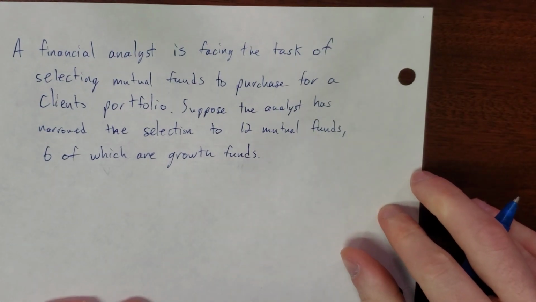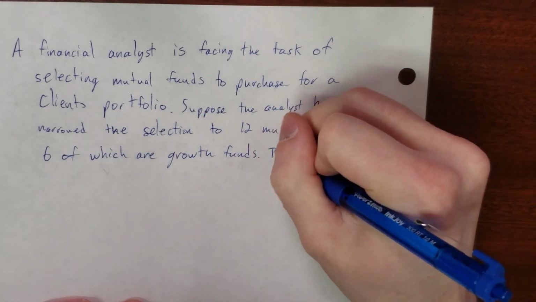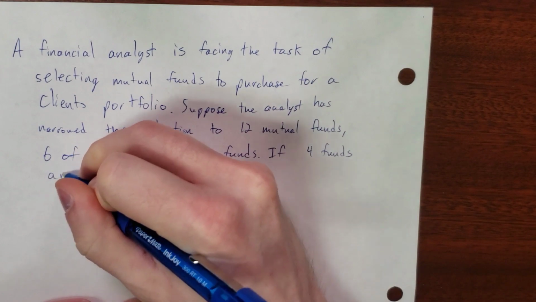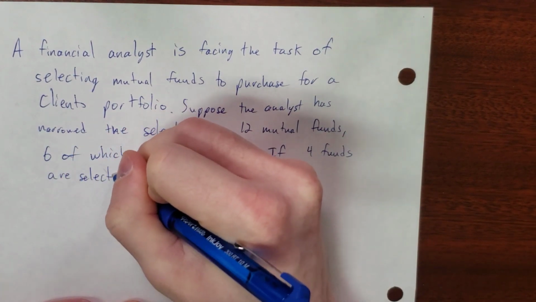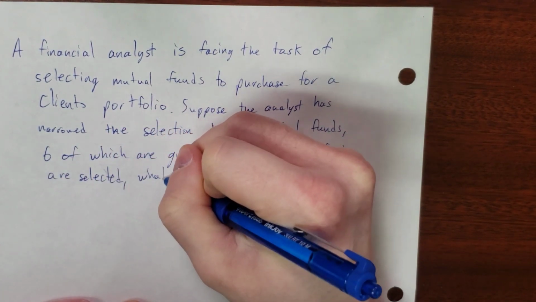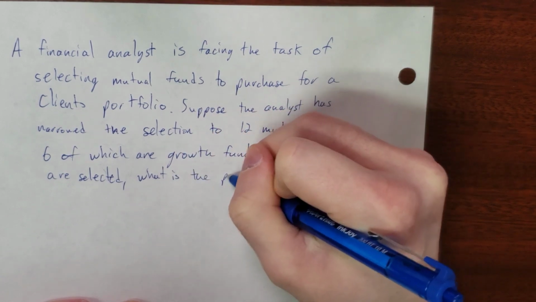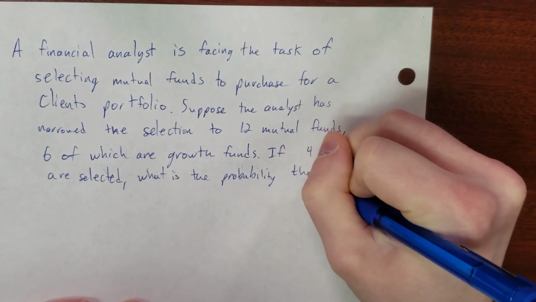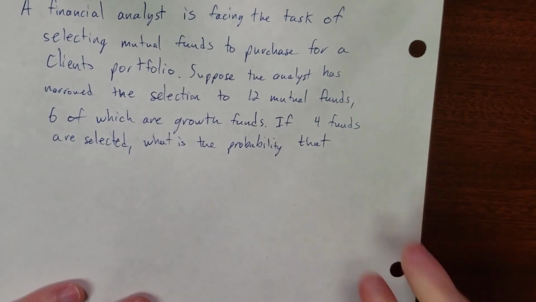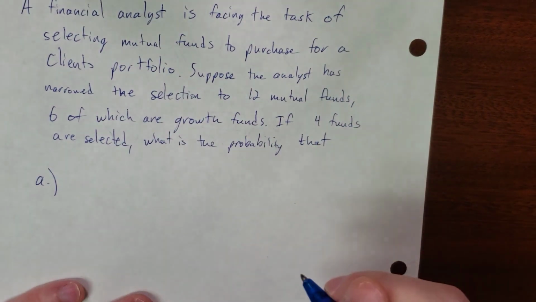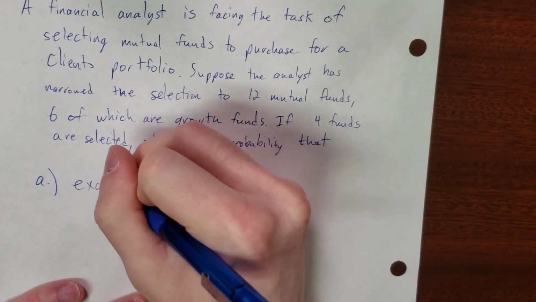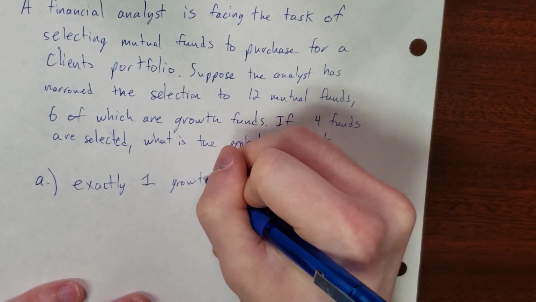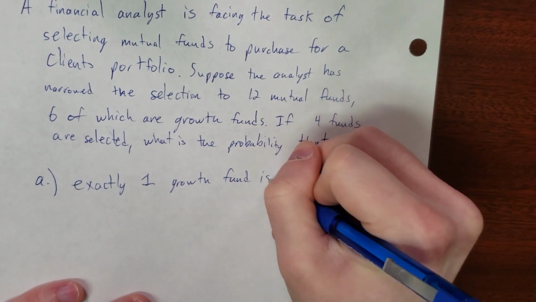The question is, if 4 funds are selected, what is the probability that, and we're going to have a few different questions we're going to ask, the very first one is, exactly 1 growth fund is selected.